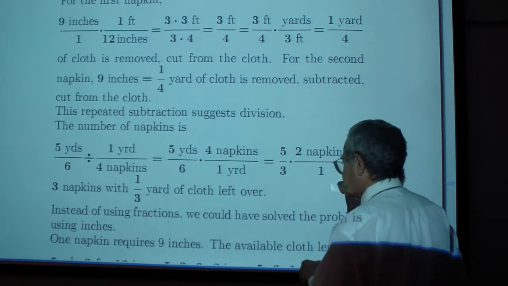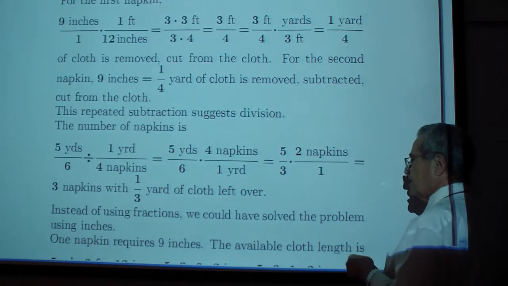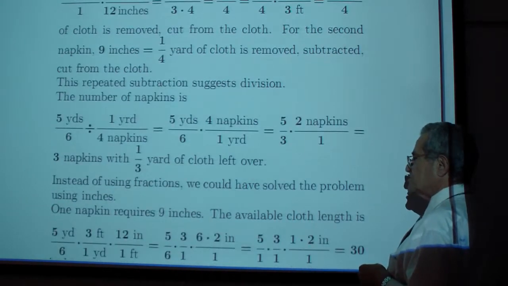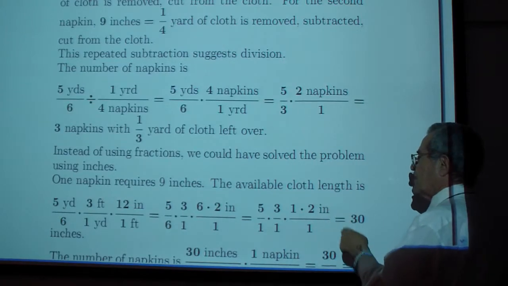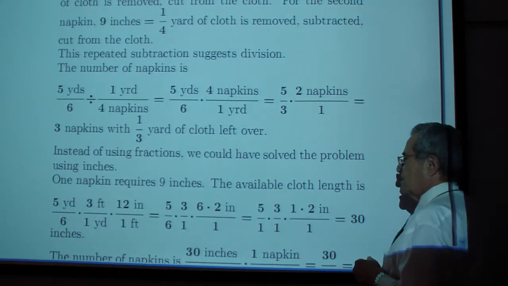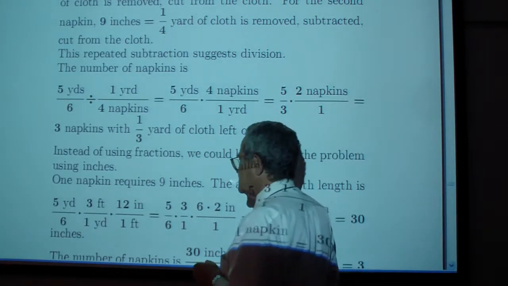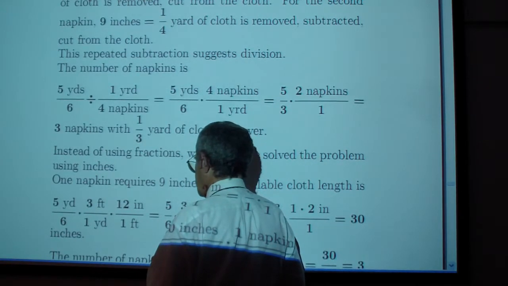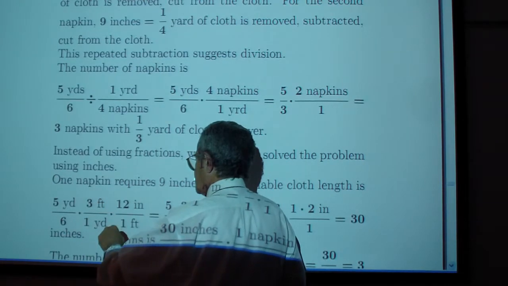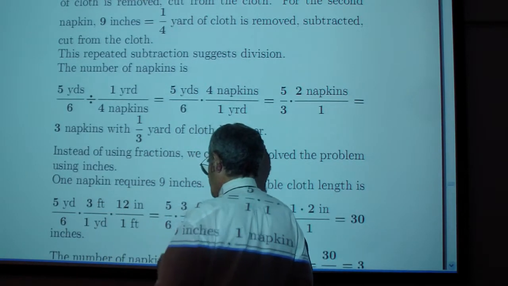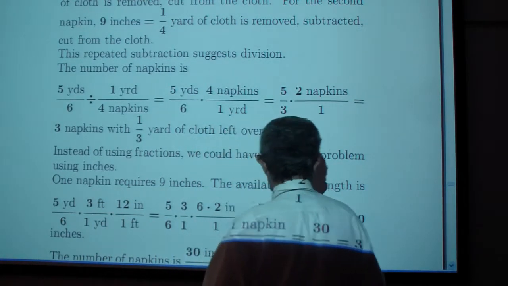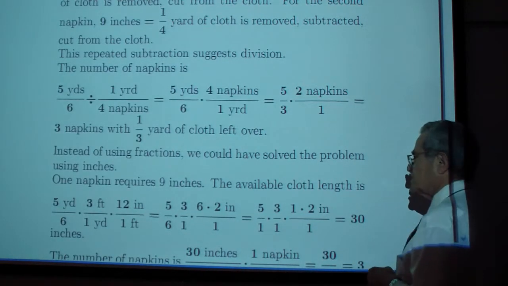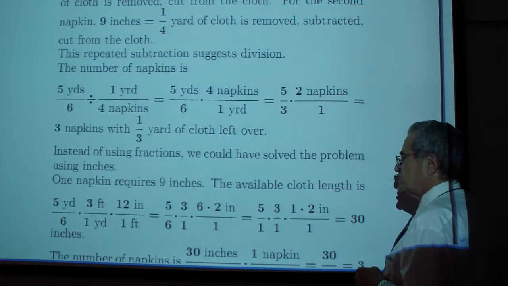Now, instead of using fractions, we could have solved the problem by using inches. 1 napkin requires 9 inches. You have 5/6 of a yard. You want to multiply by 3/1 and 12/1, which gives you 30 inches.